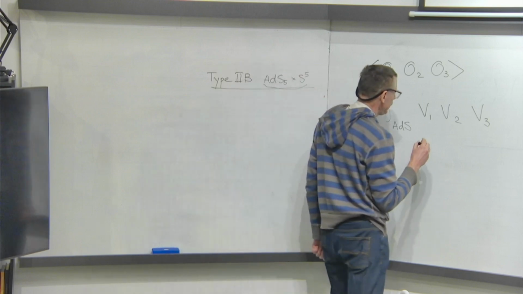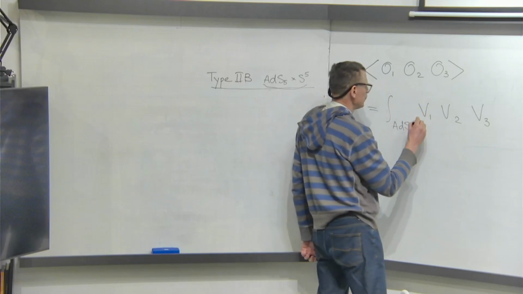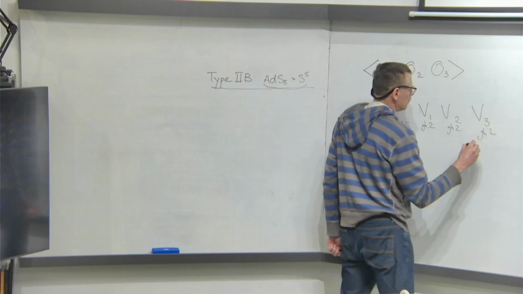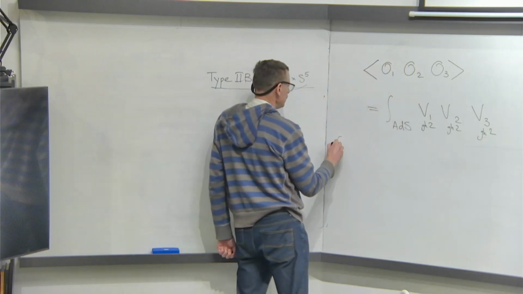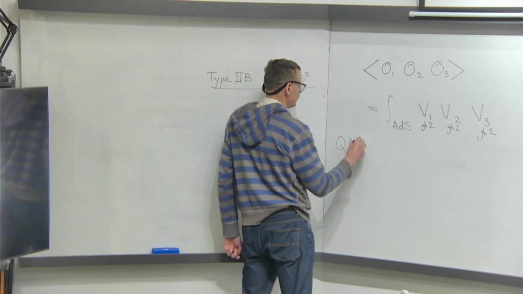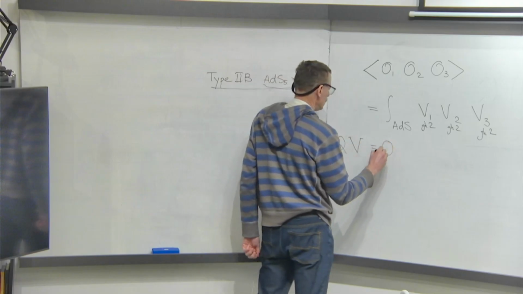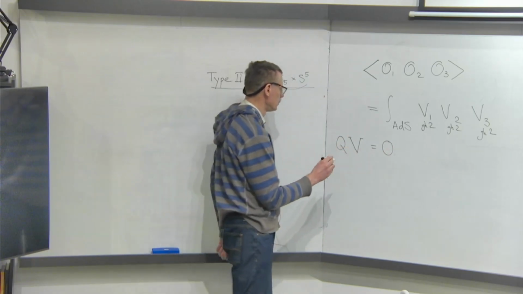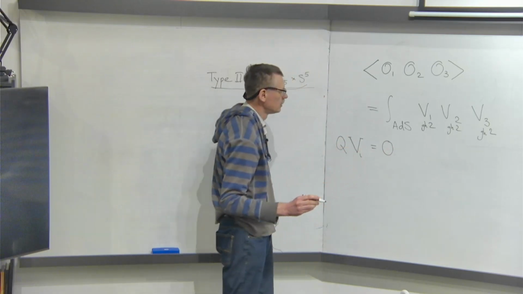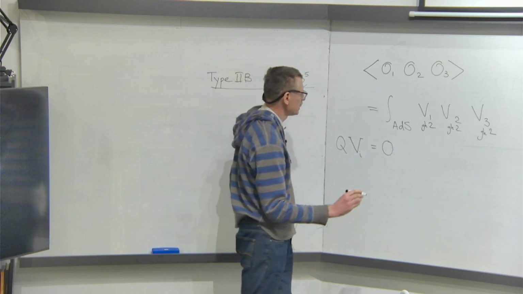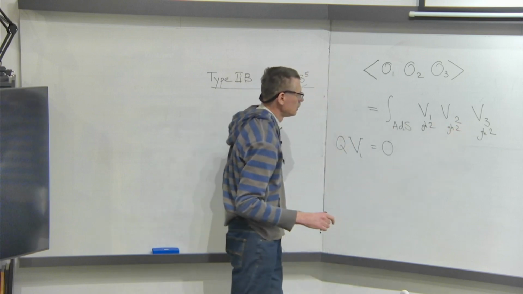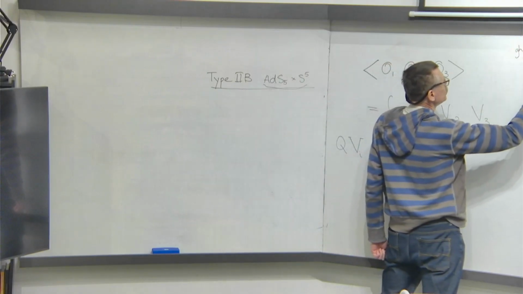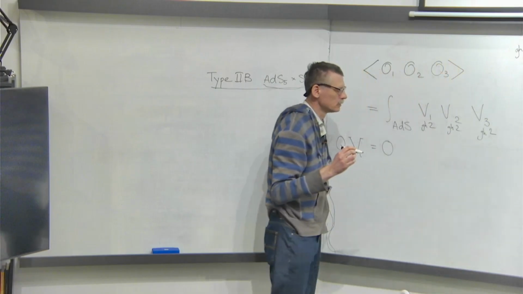But each of them has ghost number 2. And they are annihilated by the supergravity BRST operator. But they're non-trivial in cohomology, so they're not Q of anything. But the product of them, so the BRST homology is non-trivial in ghost number 1, 2, and 3, it turns out.